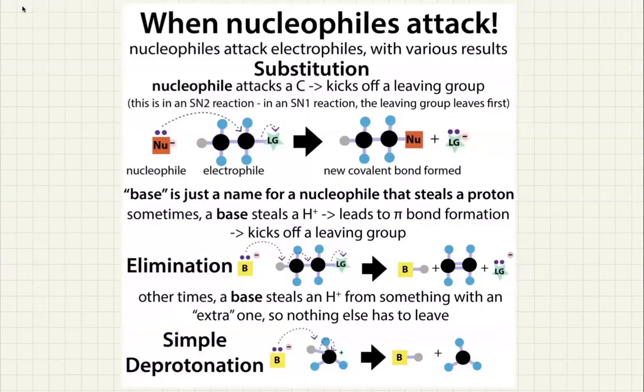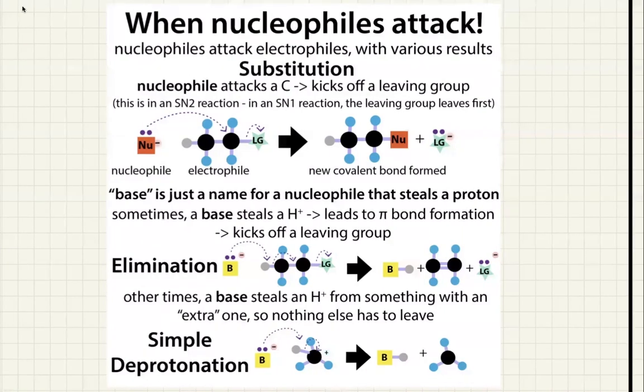And remember what can happen when a nucleophile attacks: you can get a deprotonation. If the nucleophile attacks and steals a proton, we just say it's acting as a base. But if it attacks something and kicks out something else, then we can get an elimination or a substitution reaction.